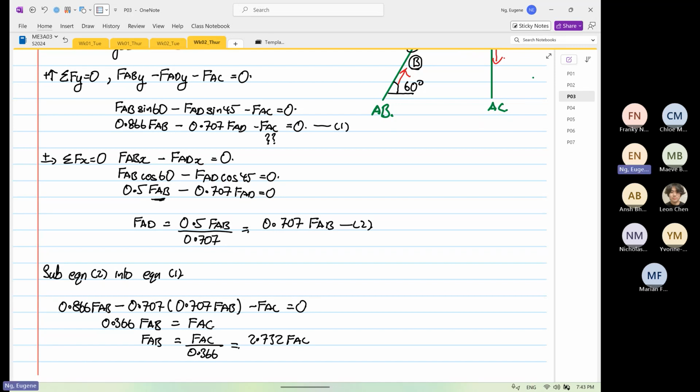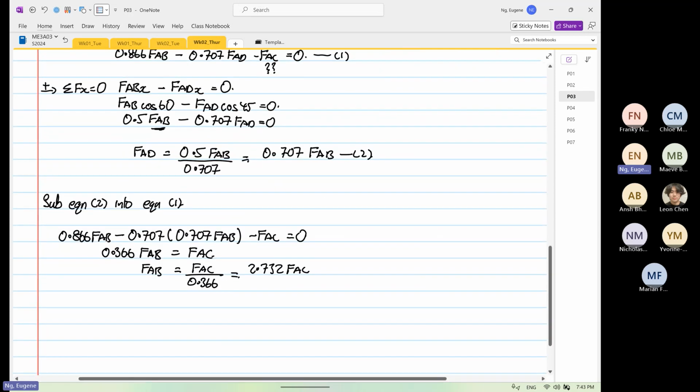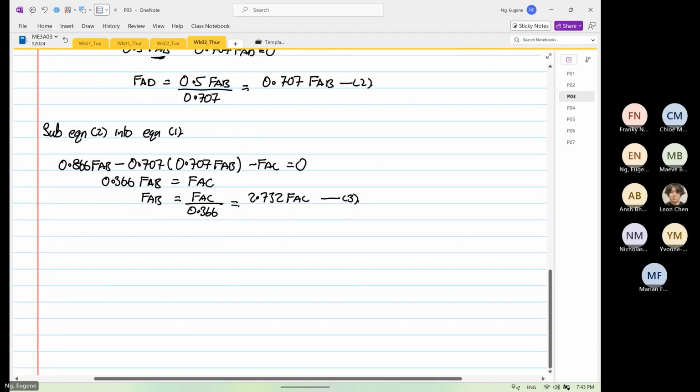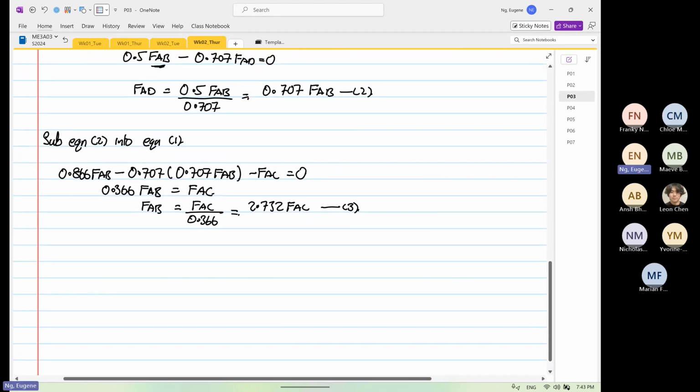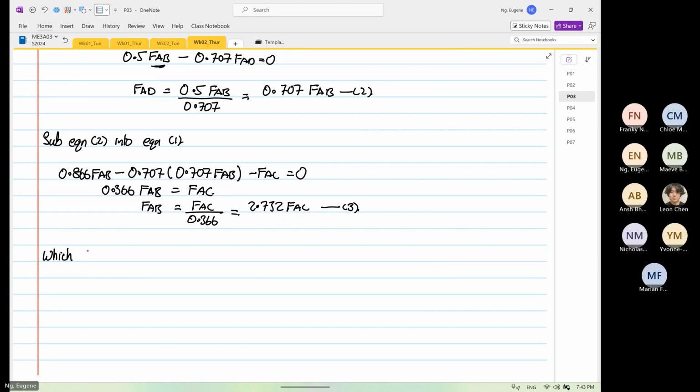Right. So now the next thing we have found is a relationship over here, and this is our relationship number 3. Okay. So the next thing that we are going to determine is which plane the structure will buckle.